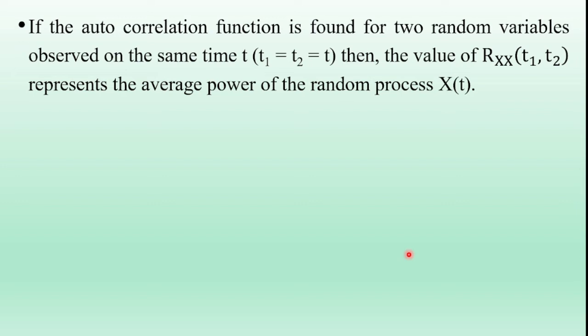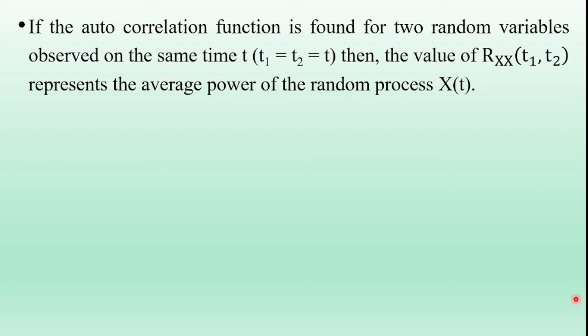One of the important points of the autocorrelation function is its physical significance. The physical significance of the autocorrelation function Rxx of tau is that it provides a means of describing the independence of two random variables obtained by observing a random process x of t at times tau seconds apart.